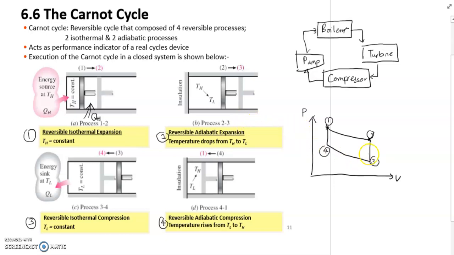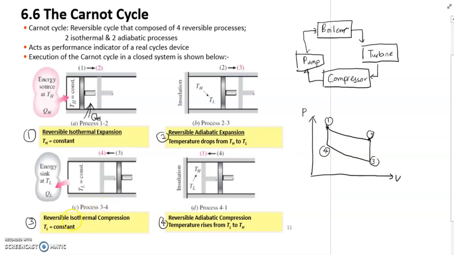So your temperature will drop from process 2 to 3. We assume the piston is frictionless, and since it's a slow expansion, it is quasi-equilibrium, so this process is also reversible.